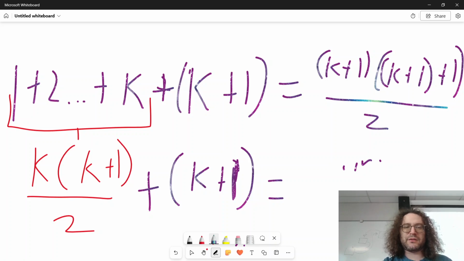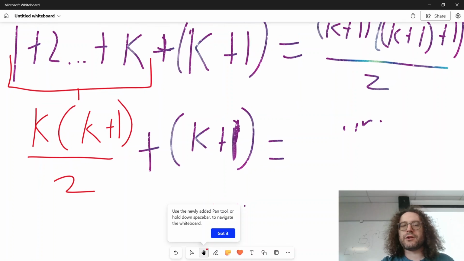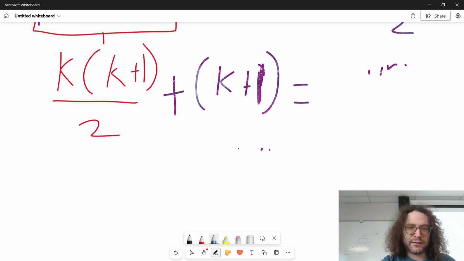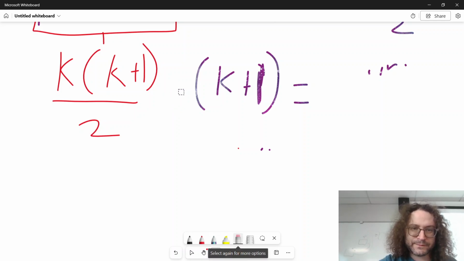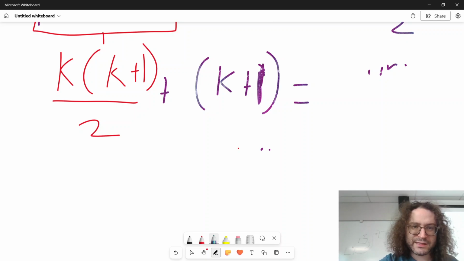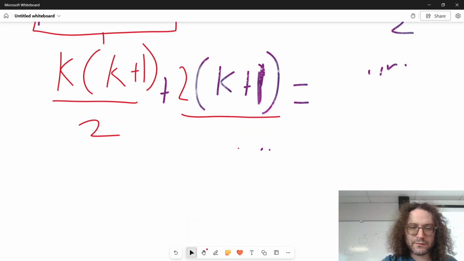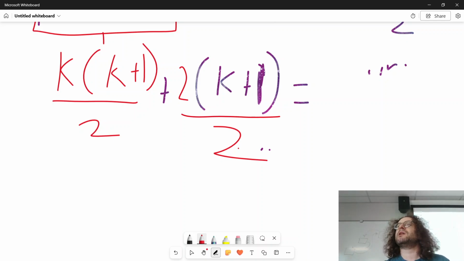So now we don't have dot dot dots anymore, so we can manipulate this, right? Now, on the right side, everything's in a fraction over 2. So let's go ahead and emulate that on the left side. So plus, and then we're going to go ahead and add 2 over 2, which is just a fancy way of multiplying by 1, right?